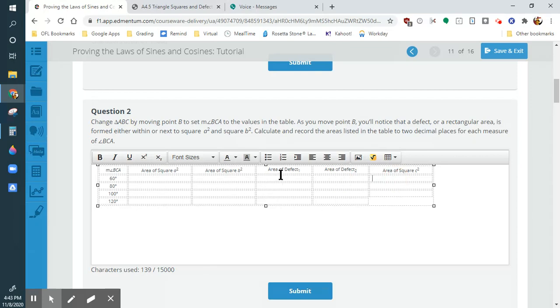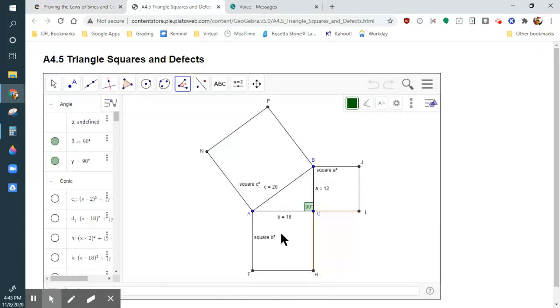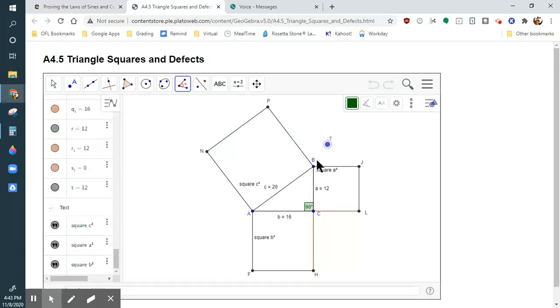I don't know what it means by area defect. Hold on. Change of the area. You'll notice the area defect of a rectangular area is formed. Okay. So let's change this, and it looks like that's gonna cause what they're talking about.